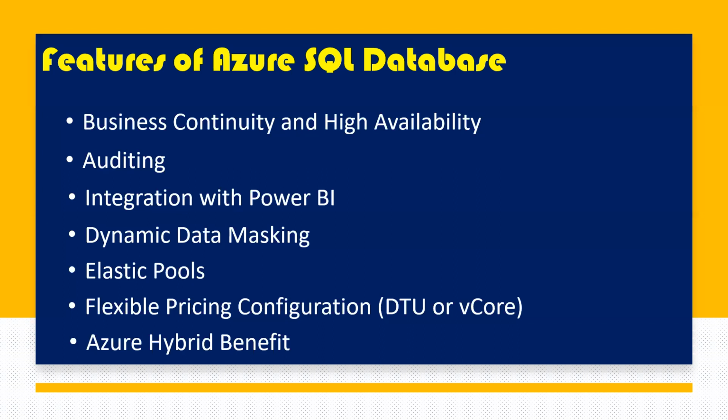At that time, my business application can still interact with my database. So my business continuity will not be affected, the high availability will be there, and I will not lose my customers. Got it? This type of concept is called business continuity and high availability. This feature we can implement in Azure SQL database.